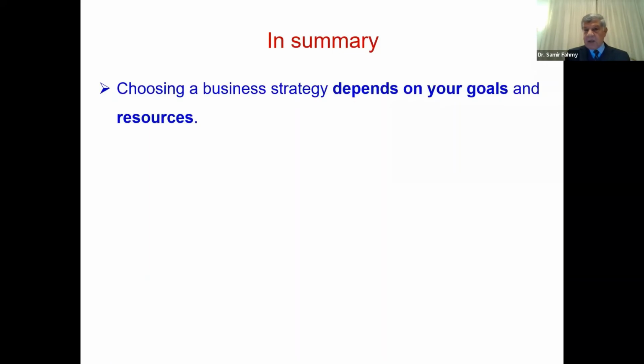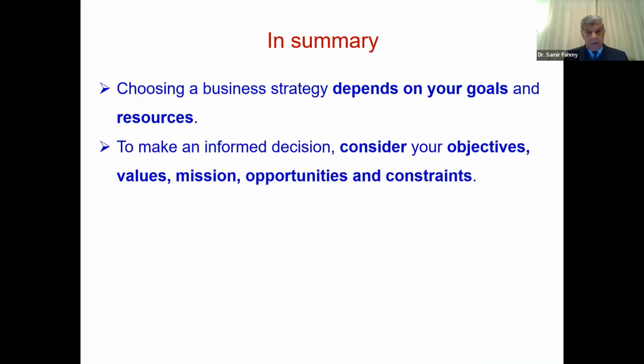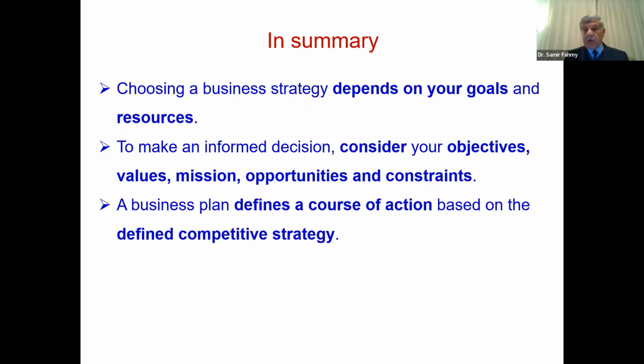In summary, choosing the business strategy depends on your goal and resources: what's suitable for your goals and what can support your goals and resources. To make an informed decision, consider your objective, values, mission, opportunities, and constraints, all the details, the helping and the hindering factors. A business plan defines a course of action based on a defined competitive strategy.